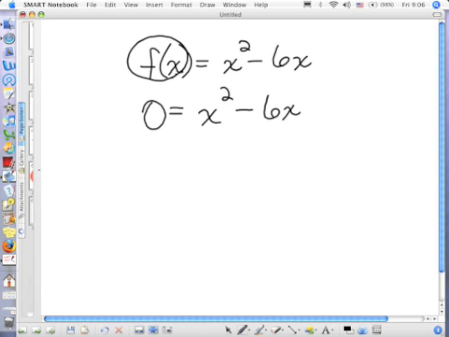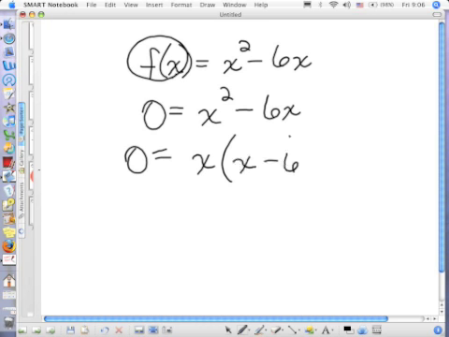The very first one was called the greatest common factor. The first thing we should always do is look to see if there is a greatest common factor. Is there? We're not worrying about the equals 0. I'm simply worried about what's on the right-hand side. X. Both of those terms have an x. If I factor an x out, I'm left with what?